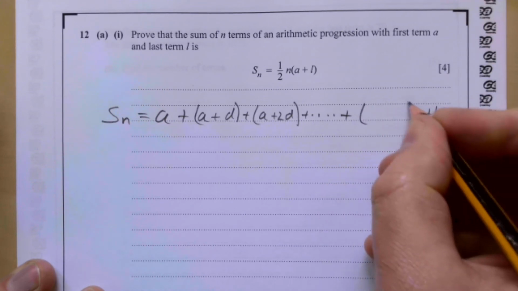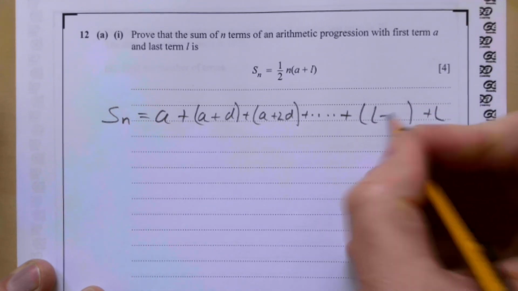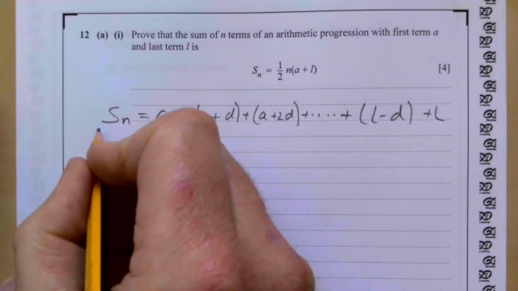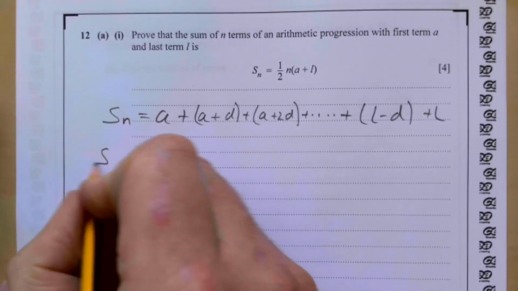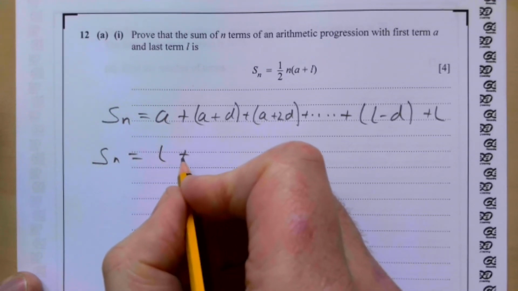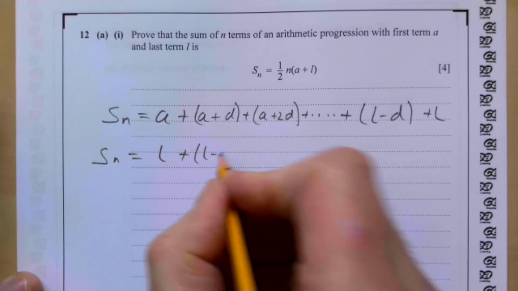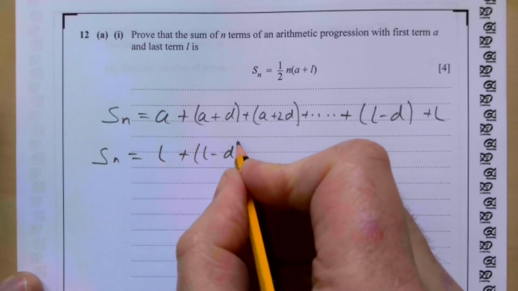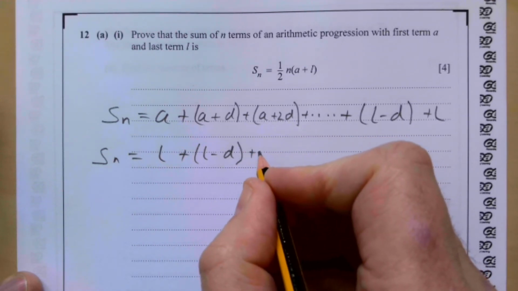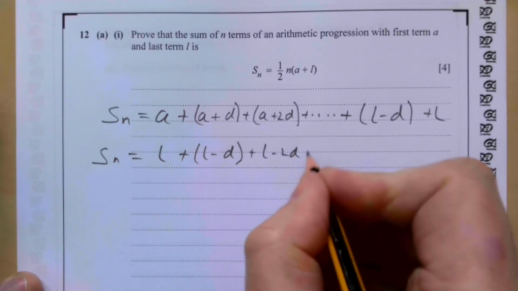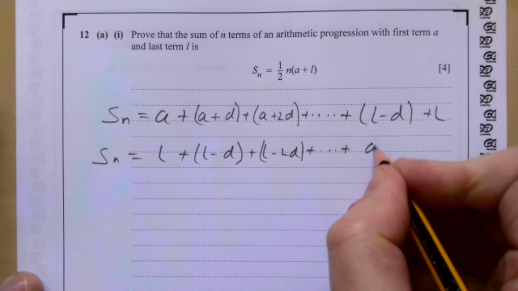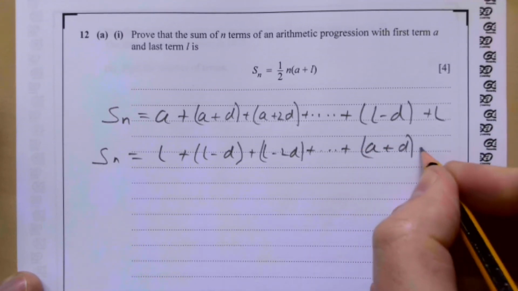The penultimate term then is l take away d. Hopefully that makes sense. If we then write this same thing out again, only backwards, l plus l minus d plus l minus 2d plus dot dot dot plus a plus d plus l.